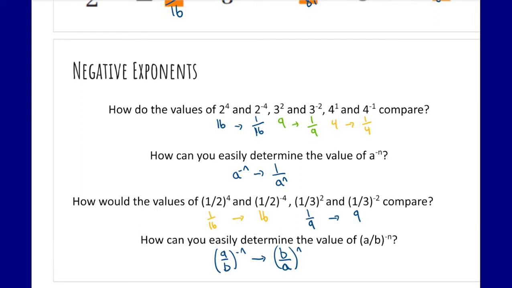And I know how to use positive exponents. That's exactly what we've been doing all along. So regardless of what we have, if we have a negative exponent, we can flip our base and turn our exponent to a positive. And then that will give us a power that we can work with.